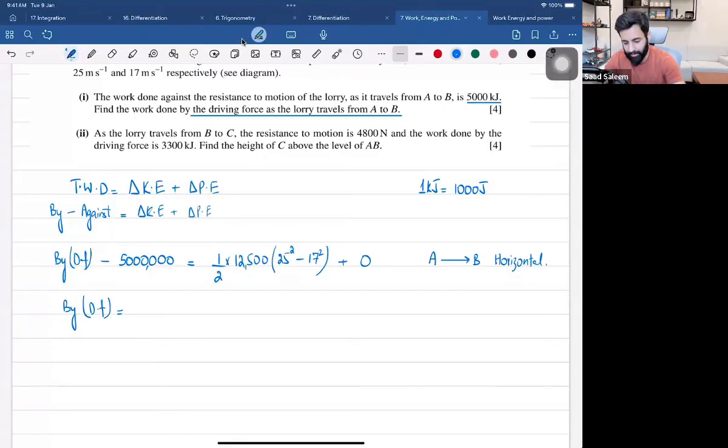To that, I'm going to add 5 million. So what we are looking at is 7, 1, and how many zeros? 1, 2, 3, 4, 5. So 5 zeros. So 7,100,000 joules. Or if you divide this by 1,000, we get 7,100 kilojoules.